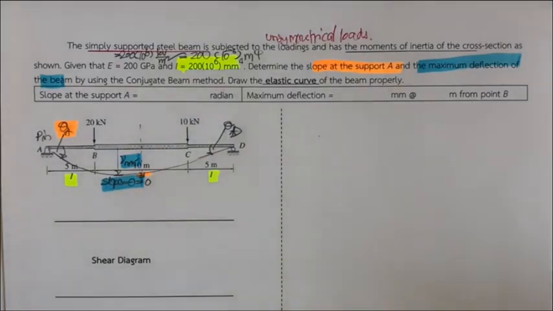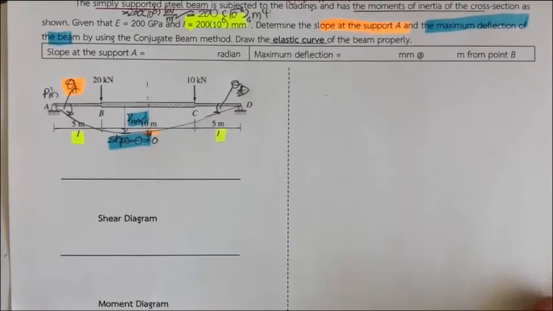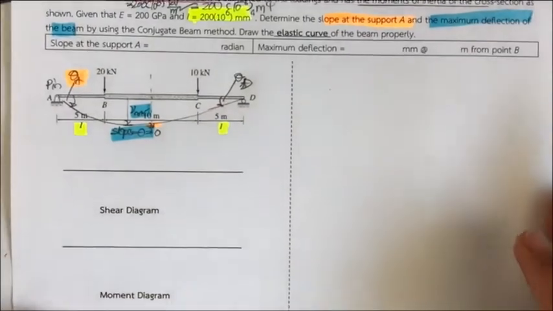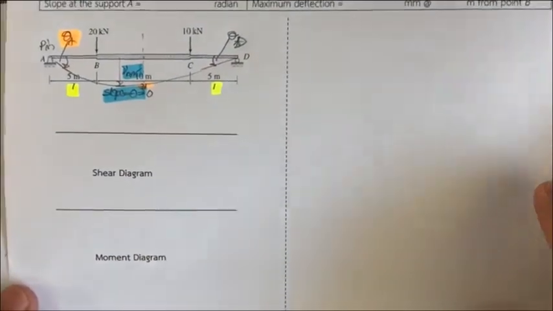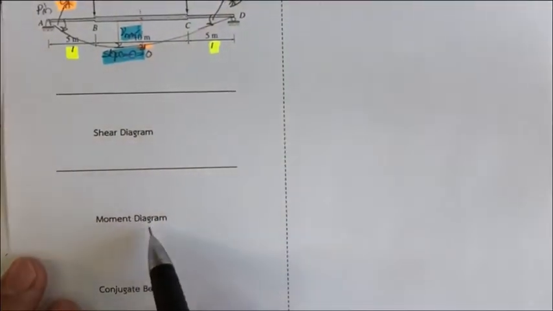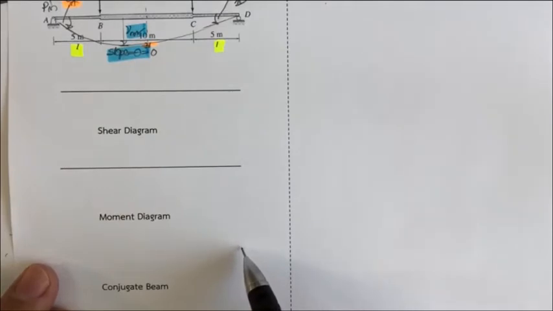Okay, so what's the procedure of analysis? First, we have to analyze the beam, draw the shear diagram and draw the moment diagram. After we finish this, we're going to draw the conjugate beam, changing the moment diagram into the elastic weight, and then changing the support of the real beam into the support of the conjugate beam.